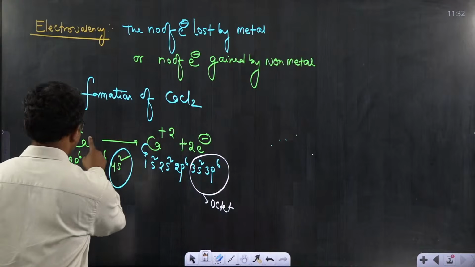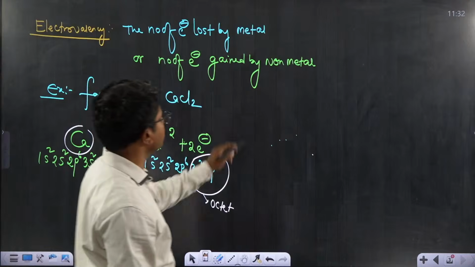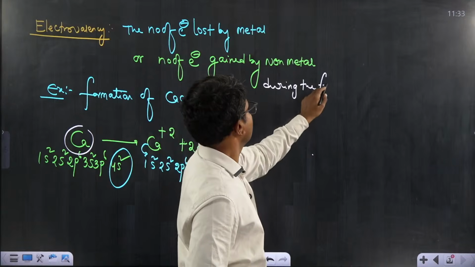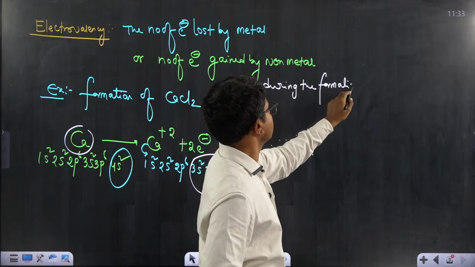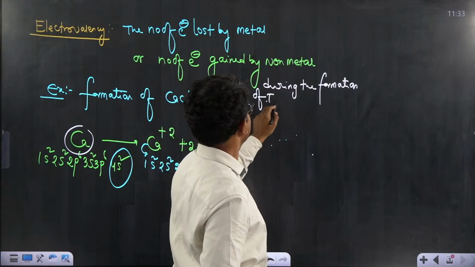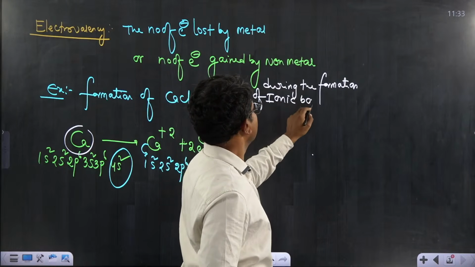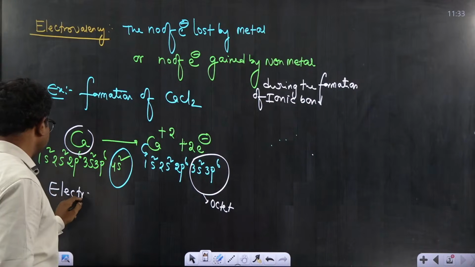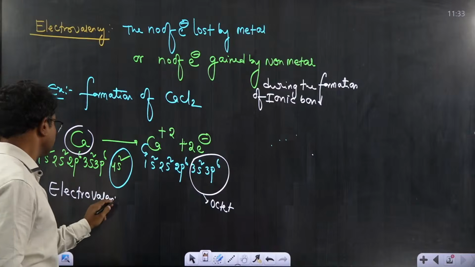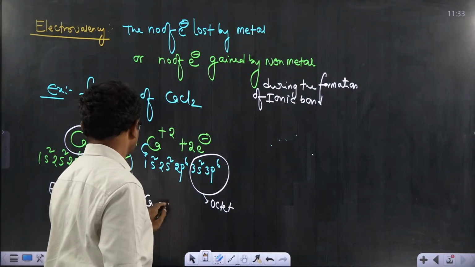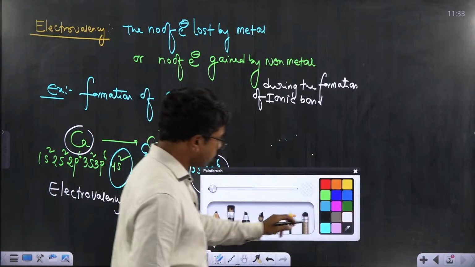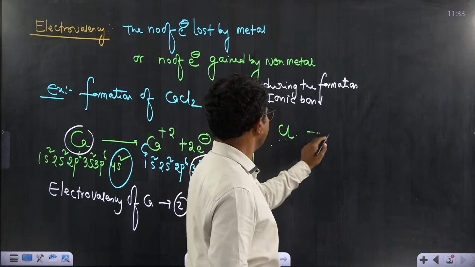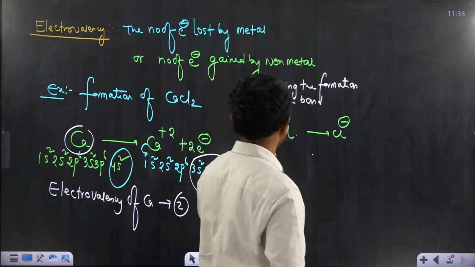The number of electrons lost by a metal during the formation of an ionic bond is 2. So the electrovalency of calcium is 2. Then what is the electrovalency of Cl? If I am talking about each Cl, Cl requires gaining how many electrons?